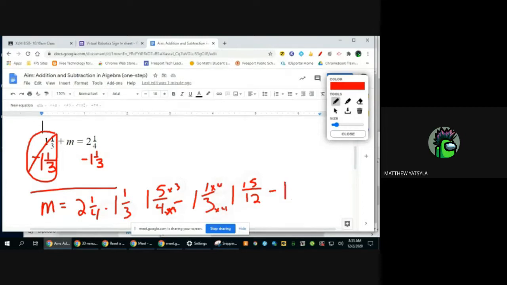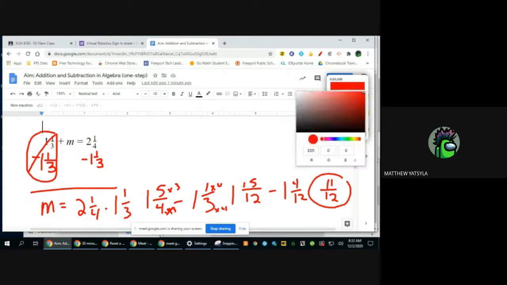Minus 1 4/12. 15 minus 4 gets us 11/12. And then 1 minus 1 gets us 0, so the ones cancel out, leaving us with 11/12. Now you're going, wow, that's a lot of work. We're still not done. We have to do our check, especially anytime we're not 100% sure of our answer.